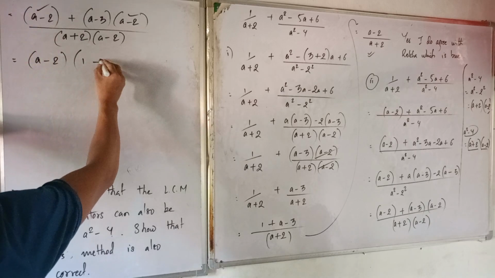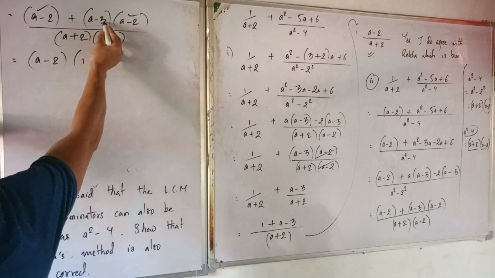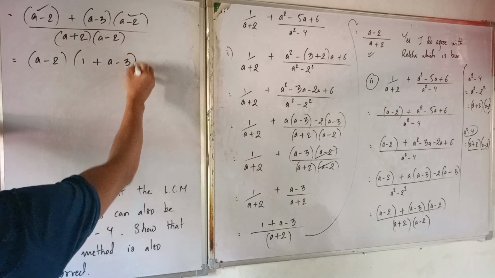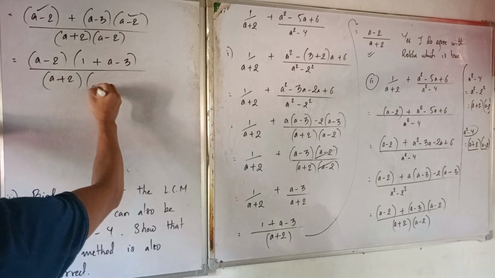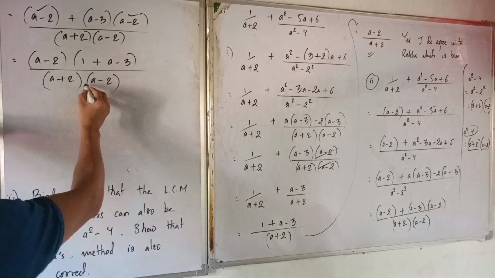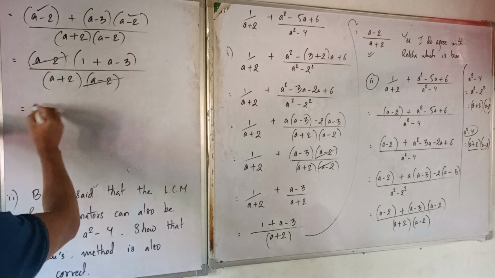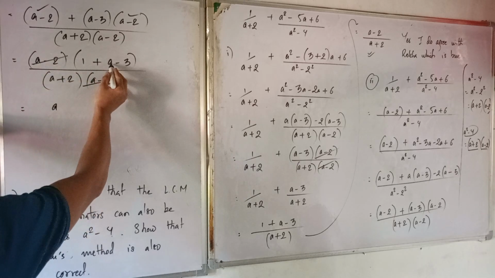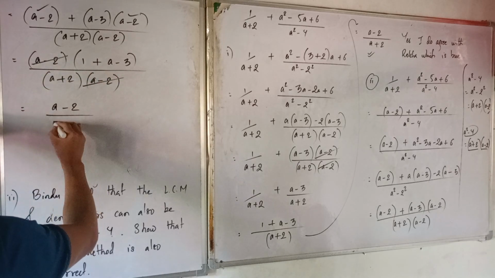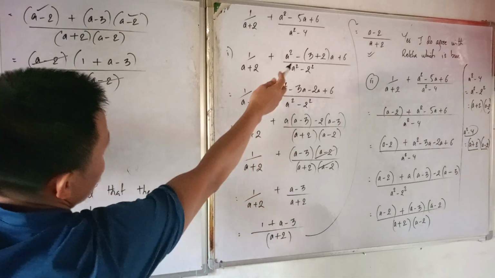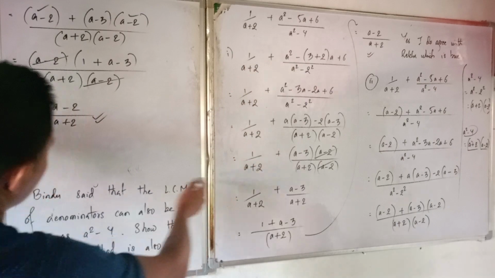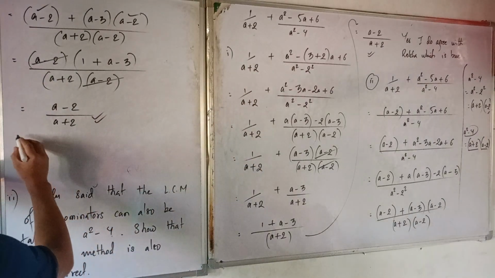Now you write here 1 plus a minus 3 remaining. So a plus 2, a minus 2, you see a minus 2 and a minus 2 get cancelled here. Now the remaining is a minus 2, a plus 2, which is same as the answer I got. Yes, same.